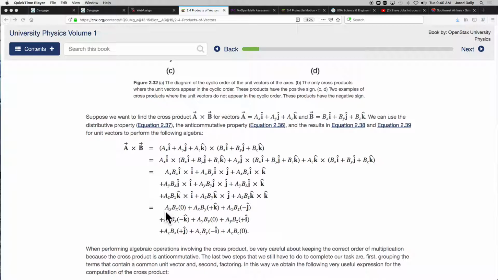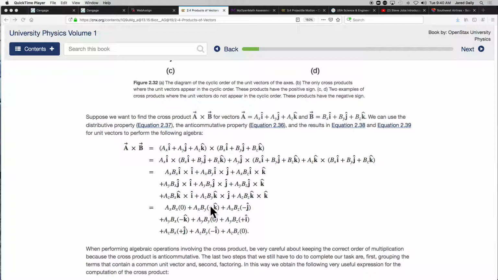When you multiply the two x components together, you get 0 because I hat cross I hat is 0. But when you multiply the x component with the y component, you get a plus k hat thing. So x, y, and the order matters here because this is A cross B, right? So A sub x, B sub y gives us a plus k hat.